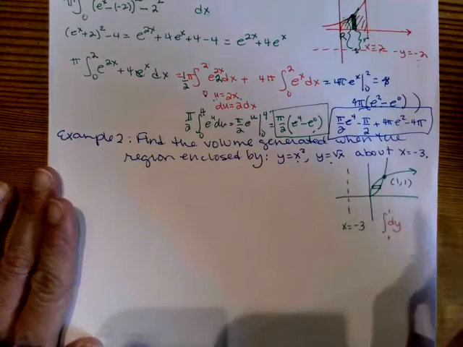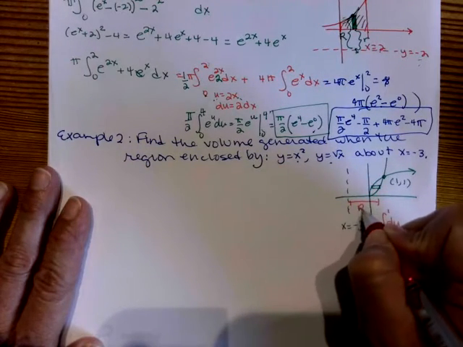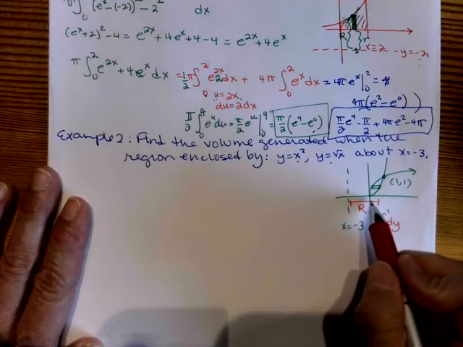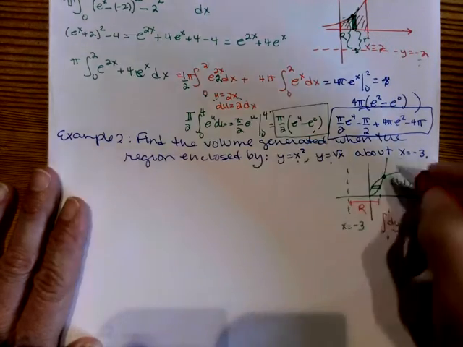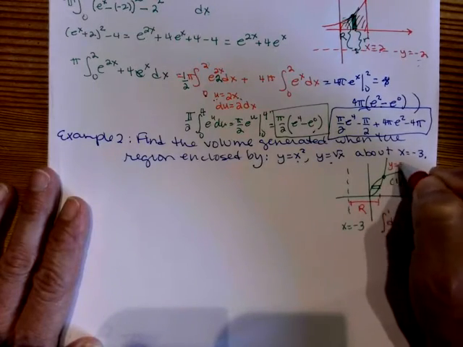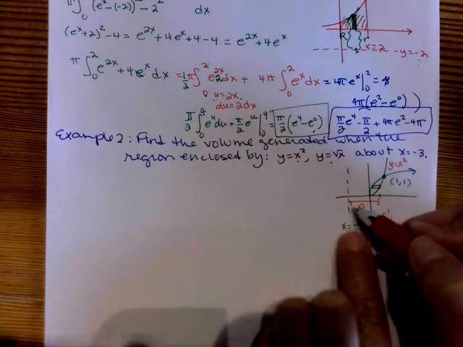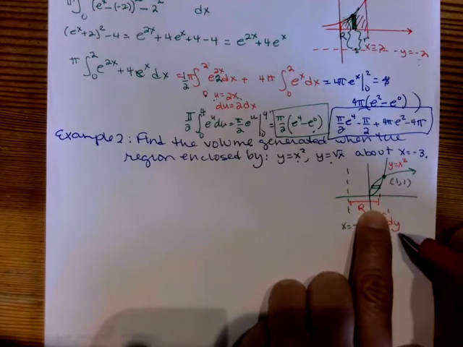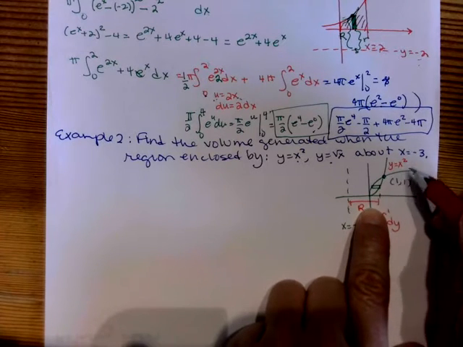So then I need big R. So big R is going to be, right, the 3 plus, right, this x value here. And that's the x that comes from y equals x squared. But since I'm integrating with respect to y, I want the y version of that.